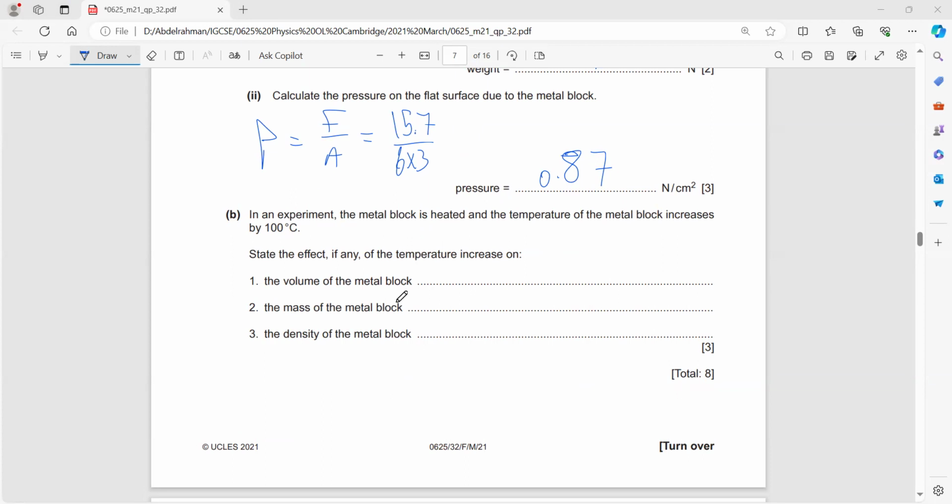The volume increases. Mass stays the same. Density decreases. Whenever you increase the volume and the mass remains the same, then the density has to decrease.